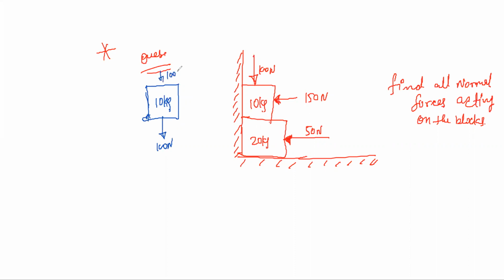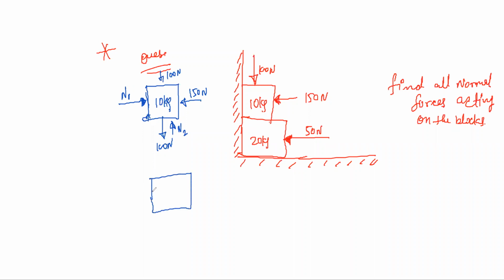This is 100 Newton. This is 150 Newton. This is normal, which is N1. Let's say this is N2. Is this okay? There are two normals acting on the 10 kg.